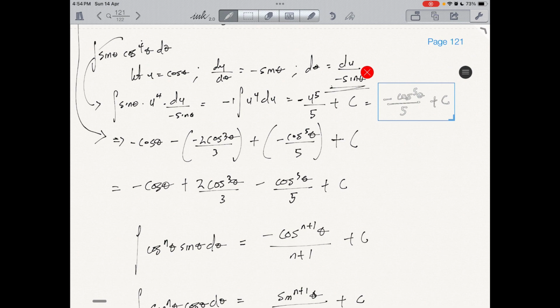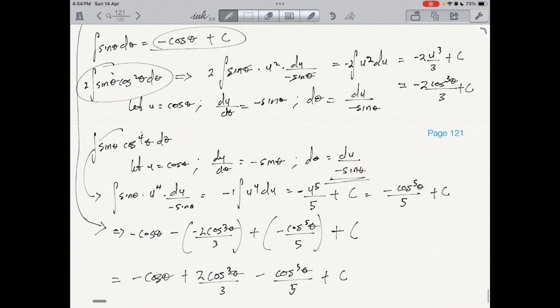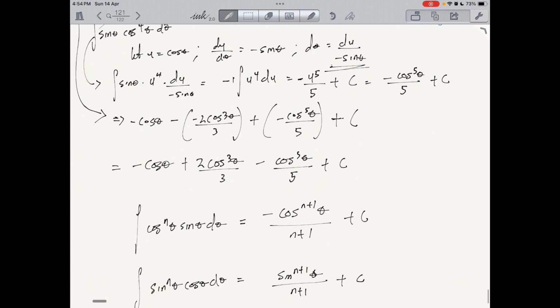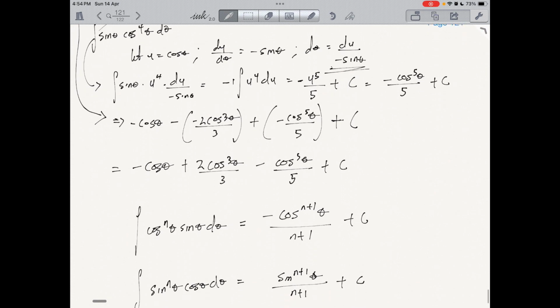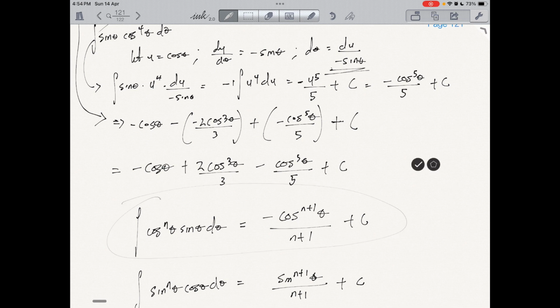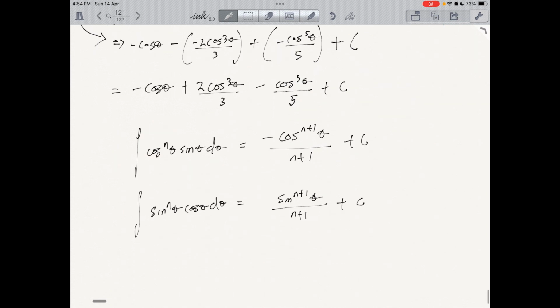And the same thing applies for this, where n in this case was 2. We are still applying this principle. So this is the principle we'll be applying when integrating powers of sine and powers of cos.